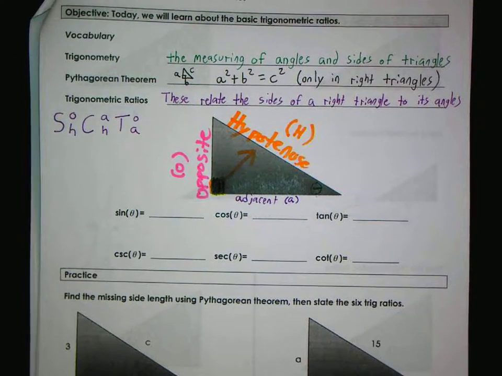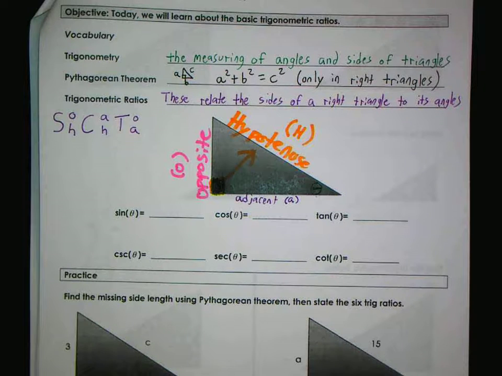It's SOHCAHTOA. Some old horse caught another horse taking oats away. And there's songs, I don't have those ready, but you could go to YouTube and just type in SOHCAHTOA songs and play a song, and it'll help you memorize this.